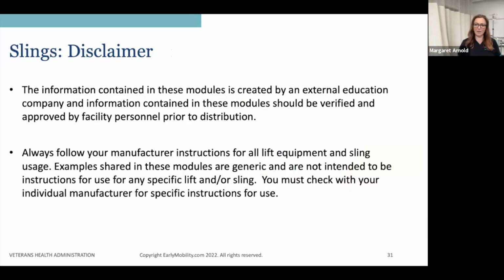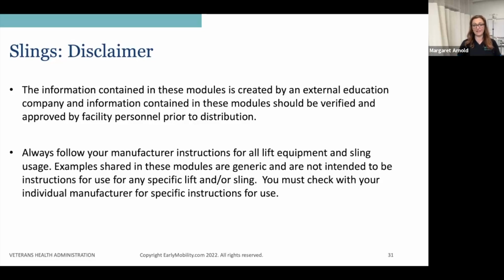A disclaimer about the lifts and the sling modules. The information contained in these modules is created by an external education company, and information contained in these modules should be verified and approved by facility personnel prior to distribution.